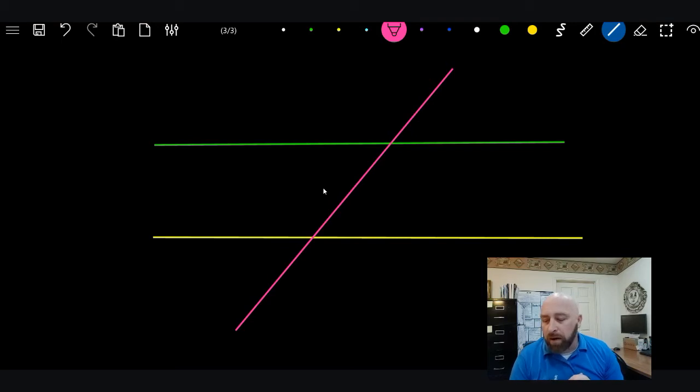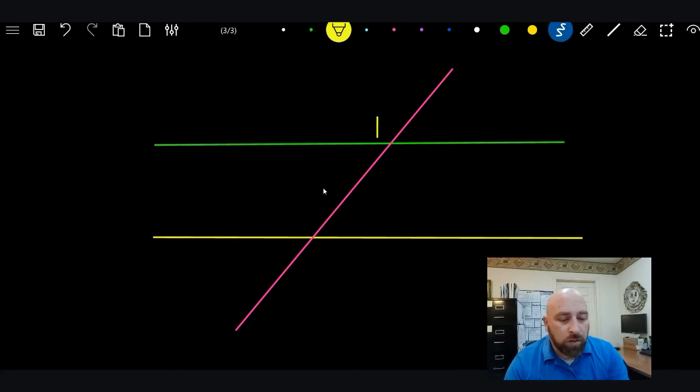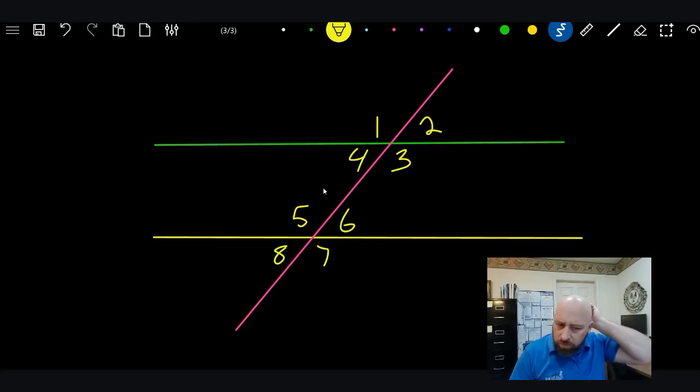If a pair of alternate interior angles are equal, then the two straight lines are parallel. So, in other words, if we go around this thing, 1, 2, 3, 4, I think this is how this one went, 5, 6, 7, 8. Okay? I think that's basically how the other one was numbered. If we can prove, whichever one, it doesn't matter, any set of alternate interior angles.